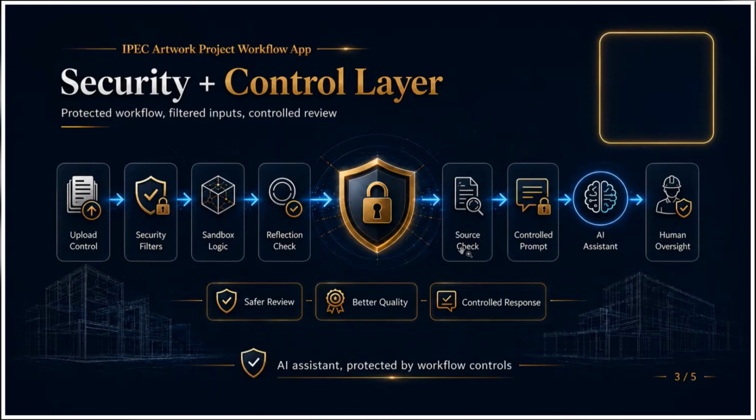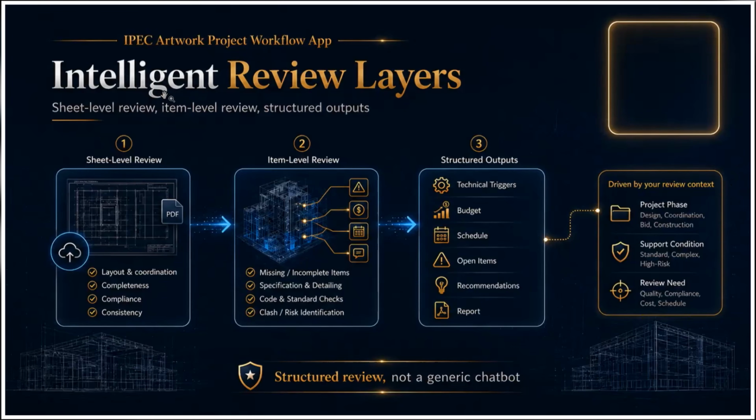Sometimes the app will reject information if it has any security issues. Then it goes into the control prompt, then AI-assisted, and then human oversight. So this app offers safer review, better quality and controlled response. This app is an intelligent review layers app.